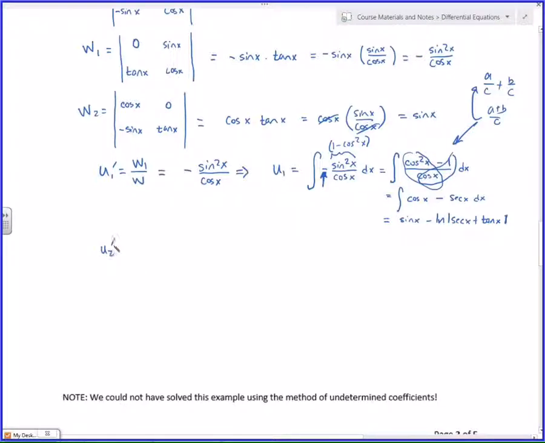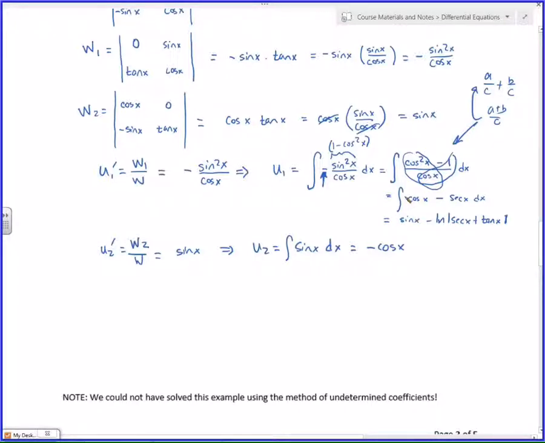Now, u2 prime would be W2 over W. This one's easy: sine of x. So u2 would be the integral of sine of x dx, which is negative cosine x. Now, I'm leaving off the plus C's on purpose.